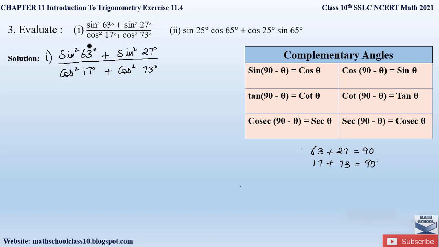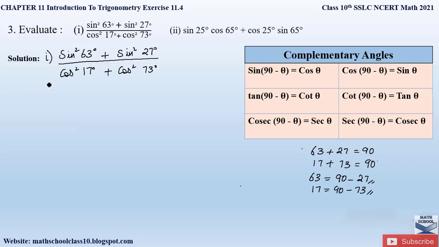To find the value of sine 63 degree, we will send this 27 to the right hand side, so we get 63 degree equal to 90 minus 27 degree. Similarly, for cos 17 degree, 17 degree will be equal to 90 minus 73 when we send the 73 to the right hand side. So we will substitute these angles and then apply the complementary angles.